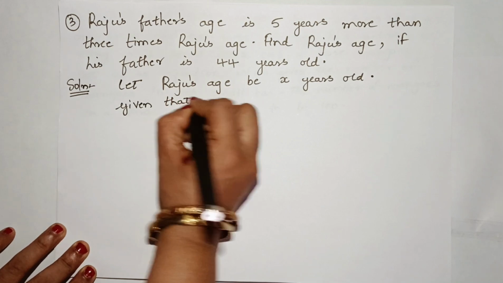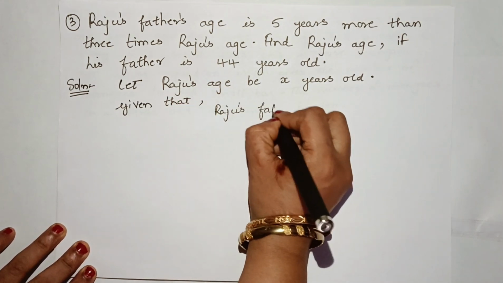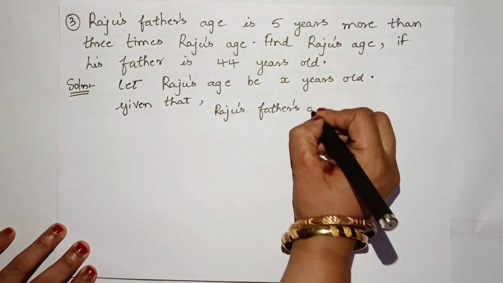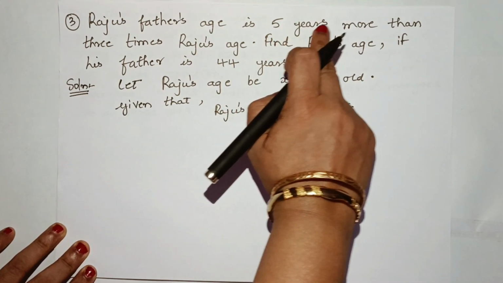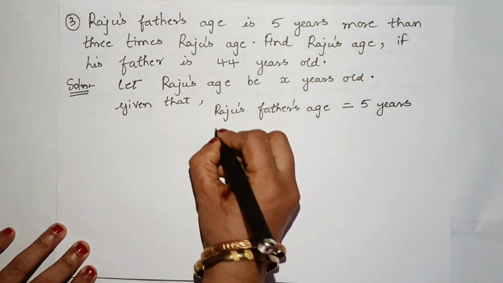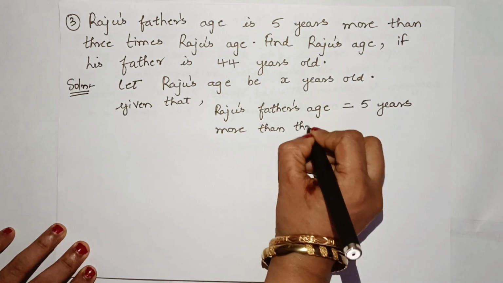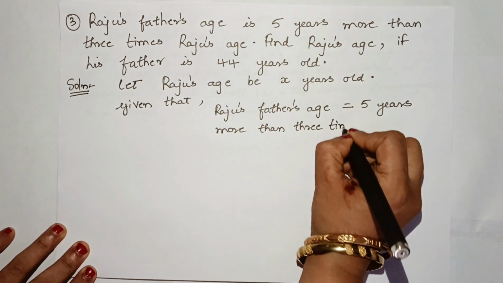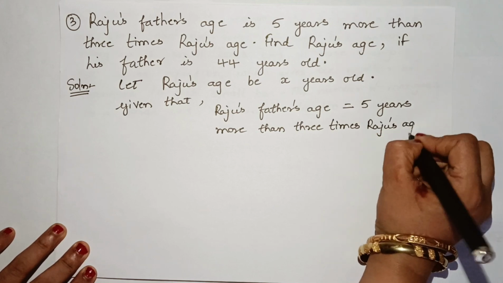Given that Raju's father's age is 5 years more than 3 times Raju's age.